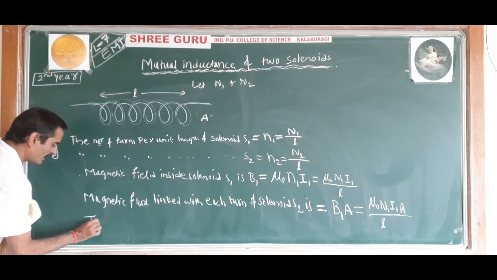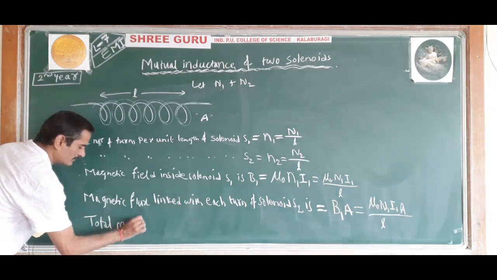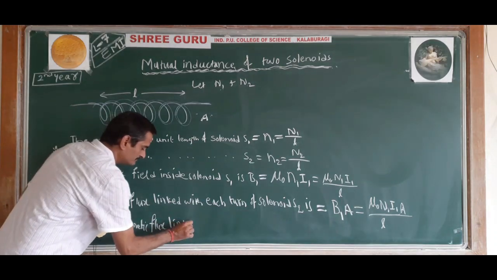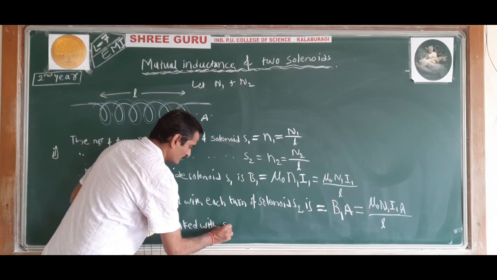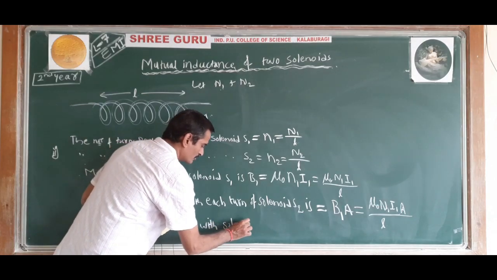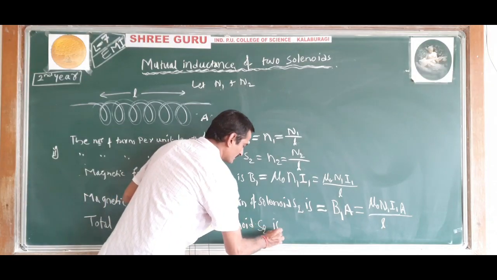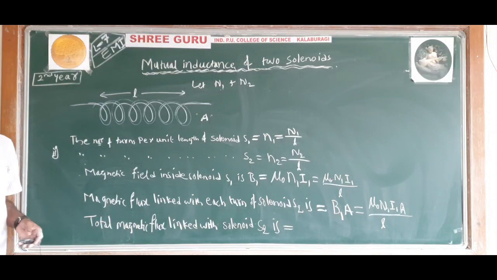So now the total magnetic flux linked with solenoid S2. How to write this one?